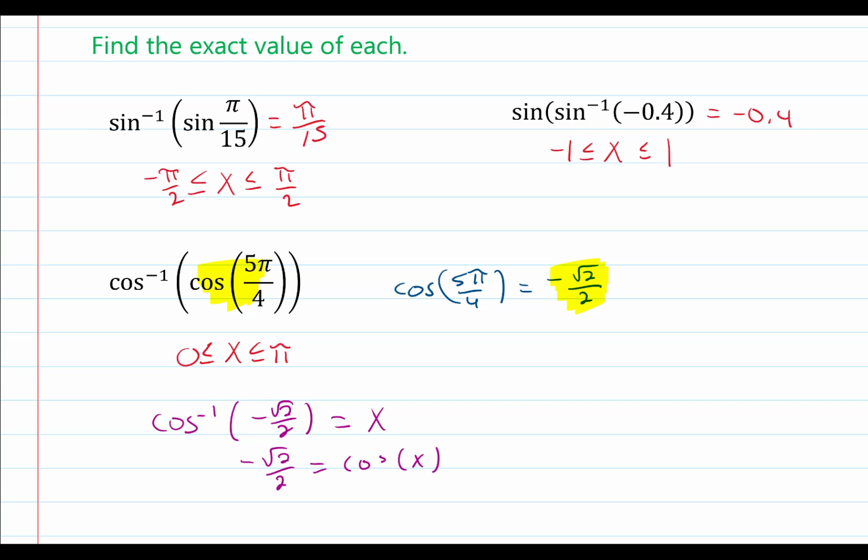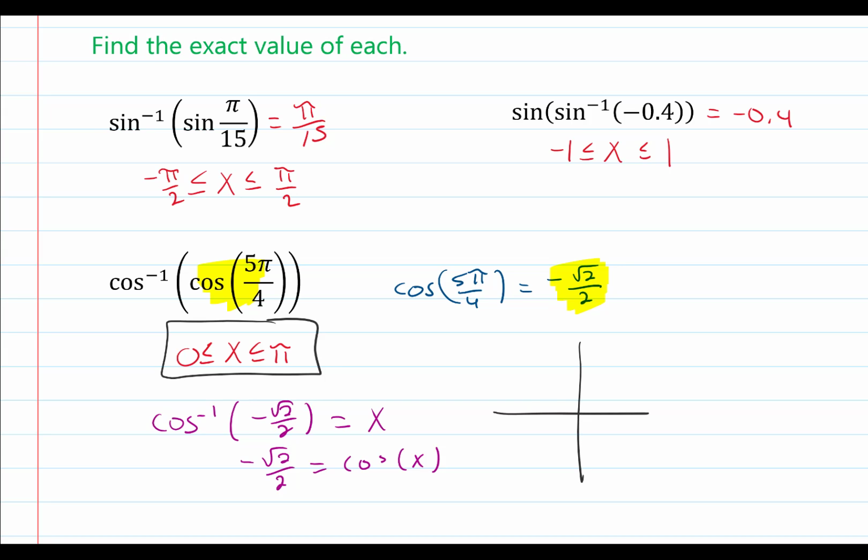We are being asked what angle, when evaluated for cosine, is equal to negative square root of 2 over 2. You can use your unit circle to find the angle x, and in doing so, you're going to look at either quadrant 1 or quadrant 2 because x is being defined as greater than or equal to 0 but less than or equal to pi, or you can draw yourself a picture to illustrate what you are looking for.